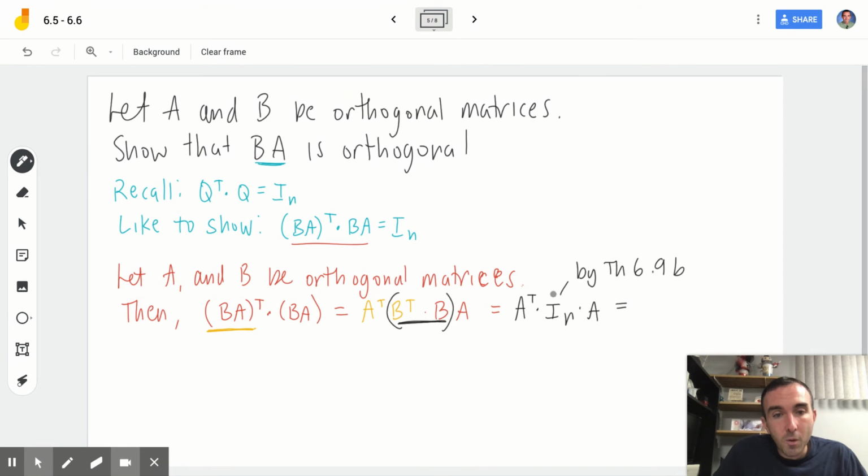Then we also know that multiplying a matrix by the identity matrix on the left results in the same matrix. So I can just change that to A. And then finally, I could do another application of theorem 6.9 part B. Now I have A transpose times A. We assume that A was orthogonal, so then the same result carries here. A transpose times A equals the identity matrix.